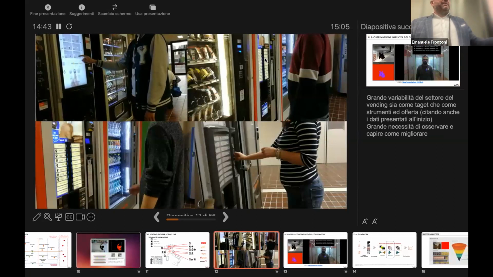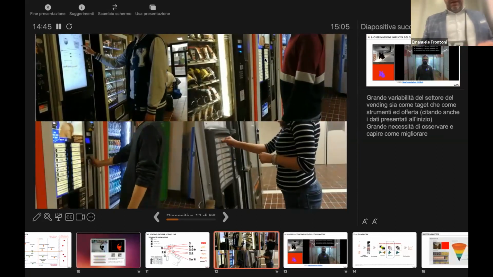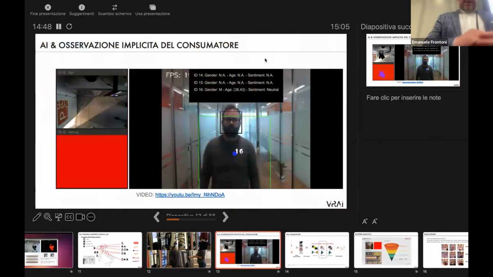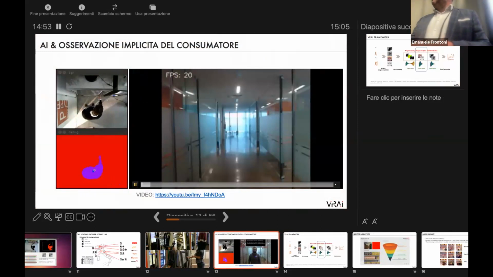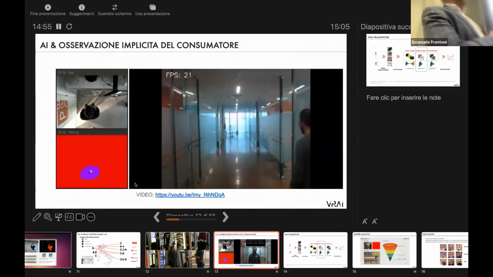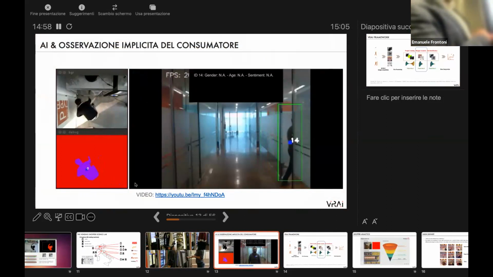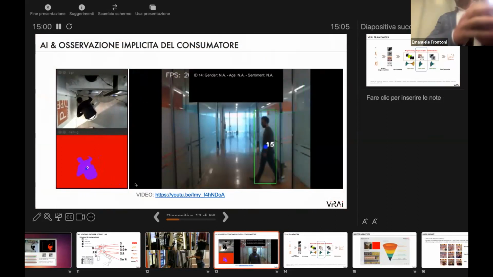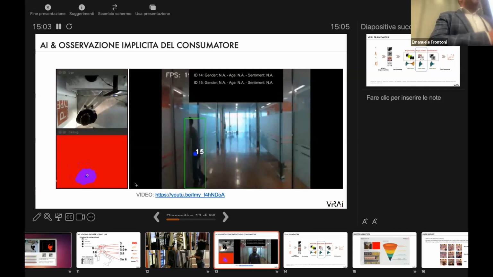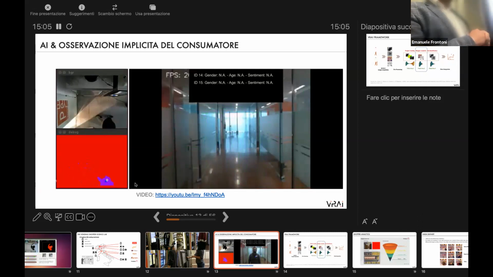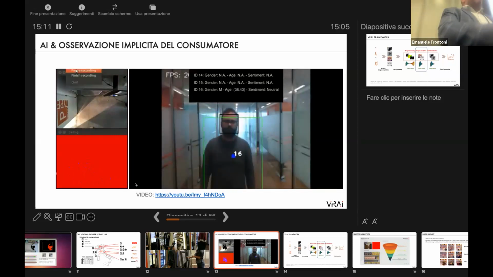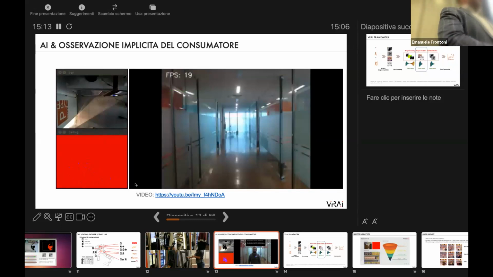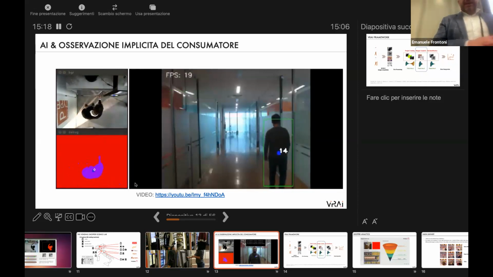We can understand how many people are passing by, how much time they are spending in front of the vending machine, and what the gender, age and sentiment are. We are using both frontal and top view cameras. And we were publishing a lot, also giving back data to Ferrero, for example, that is a big player in Italy that you know very well. All this information is also used as a test store when you have to design a new product and you want to put it on the market. You usually come to us, we make some tests together, and then you roll out the system. Okay, this is the story.